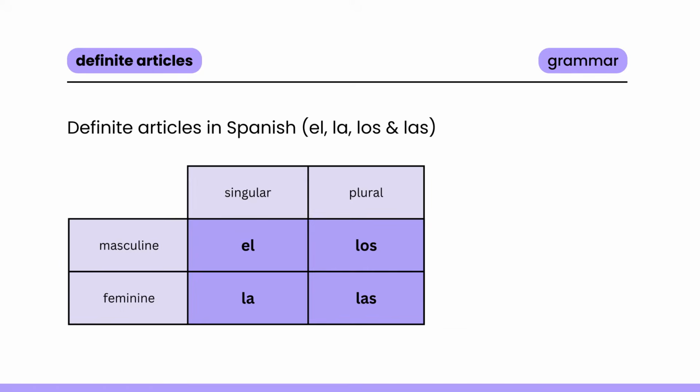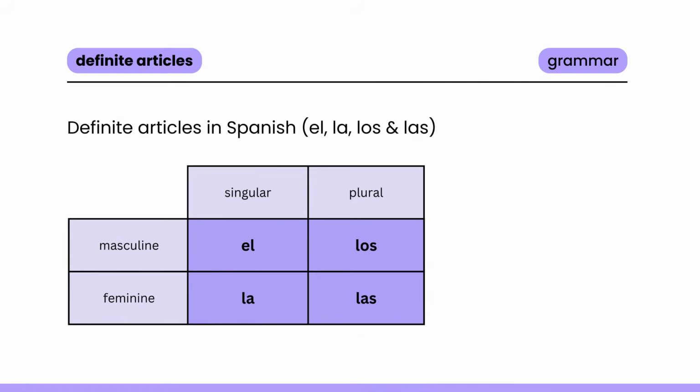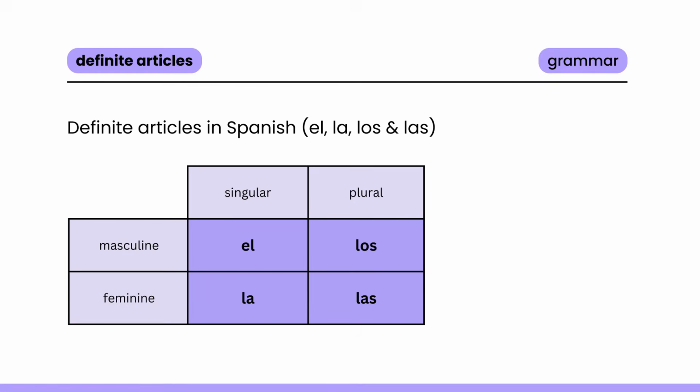And if you are talking about nouns in plural, el changes to los, so not el coche, but los coches. And la changes into las, so la casa turns into las casas if we are talking about multiple houses. We already saw this table before and probably you have it somewhere in your notes or you might have downloaded the PDF file.